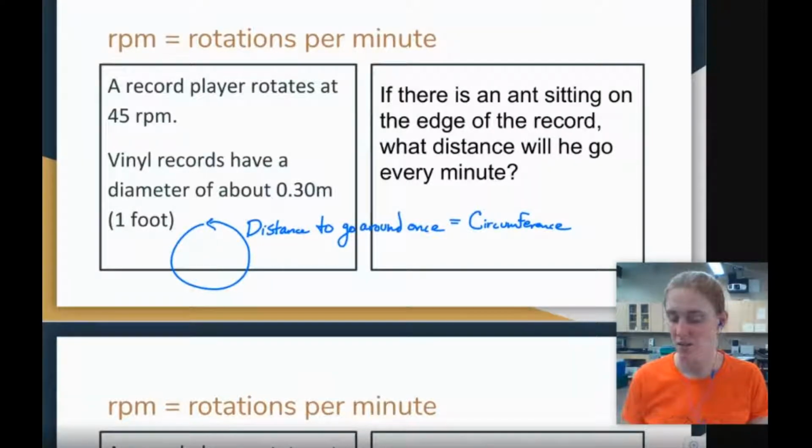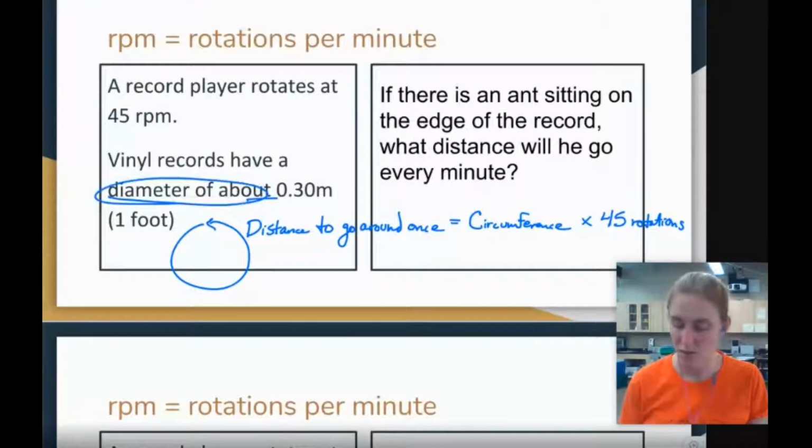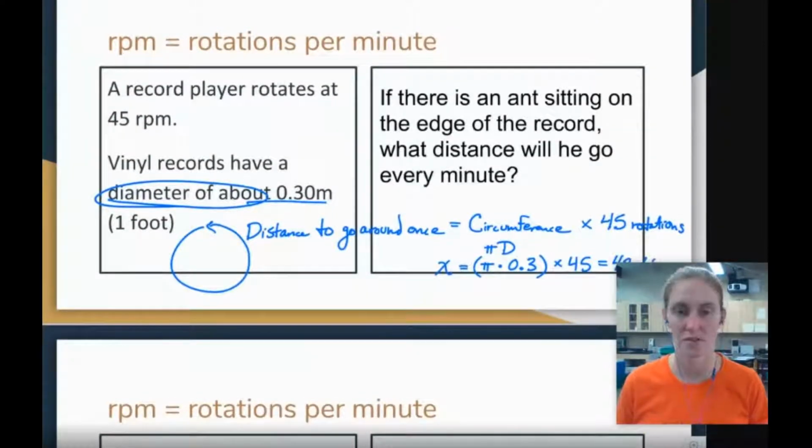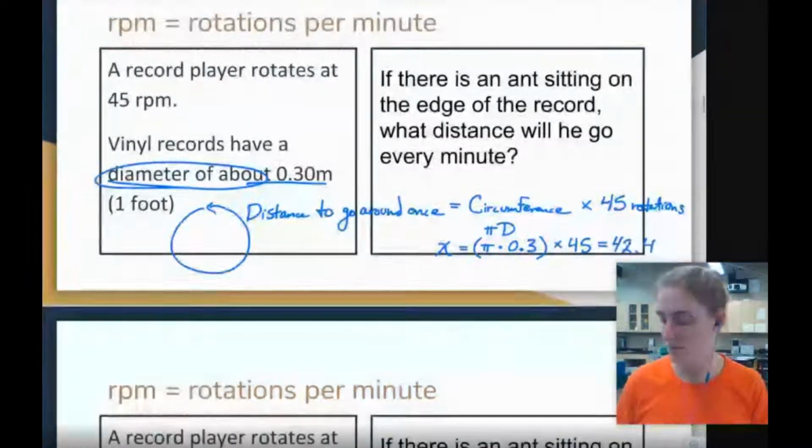And if I take my circumference and multiply it times how many times I go around, then I would have the total distance he traveled. I'm given a diameter of 0.3, so I'm going to use pi d, and I'm going to multiply that times 45 rotations. So the distance I traveled will be 42.4 meters.